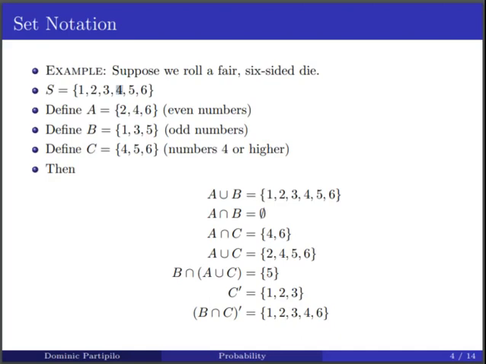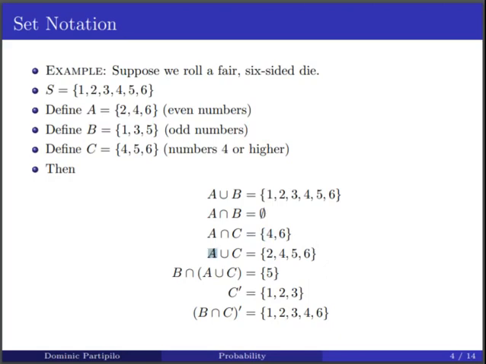The number 4, however, is in A and in C, so we can include that in our intersection. The number 5 is in C, but it's not in A, so that means it's not in C and A. And then finally, the number 6 is included in A and in C, so we can include that in our intersection. So altogether, we end up with an intersection of 4 and 6 for A intersect C.